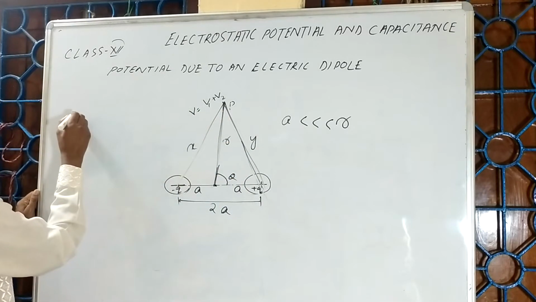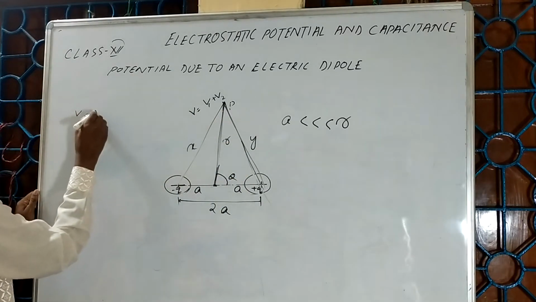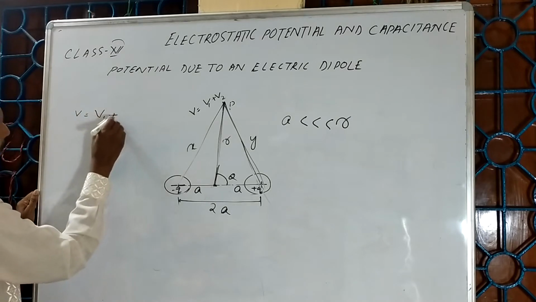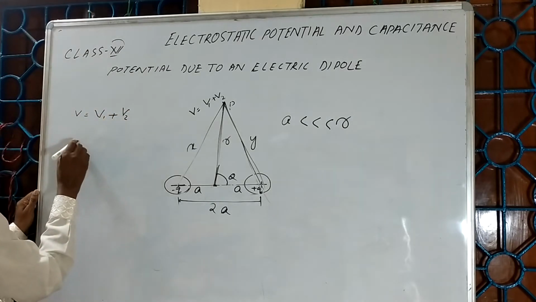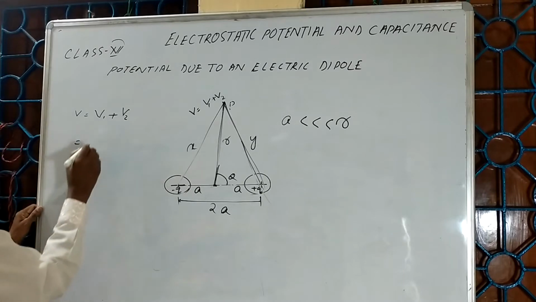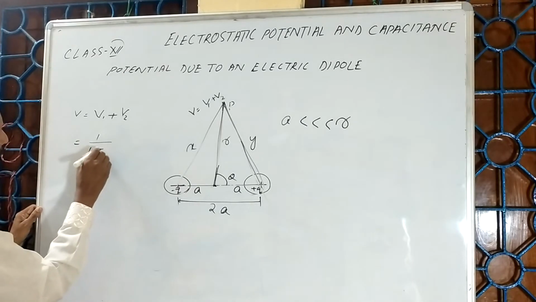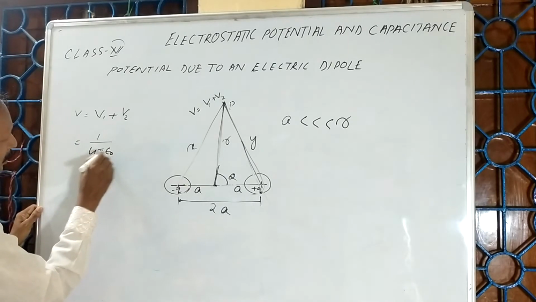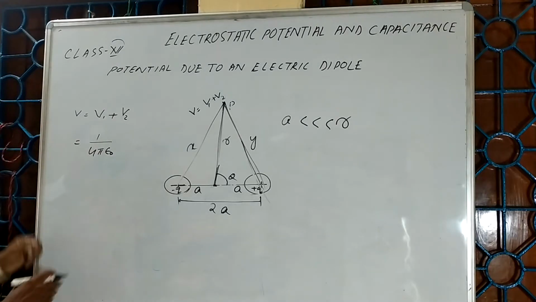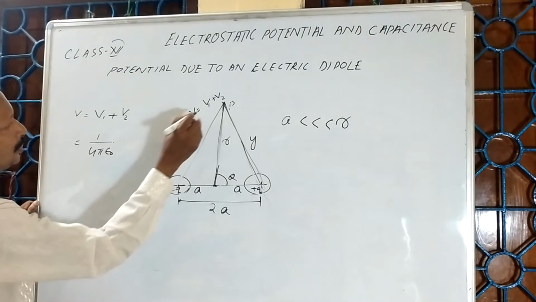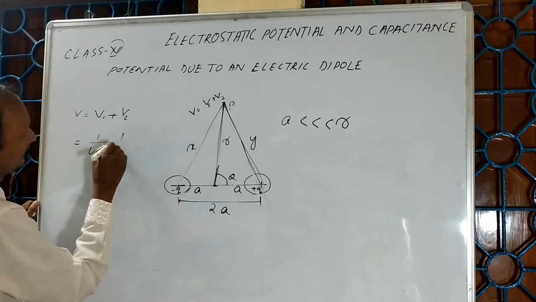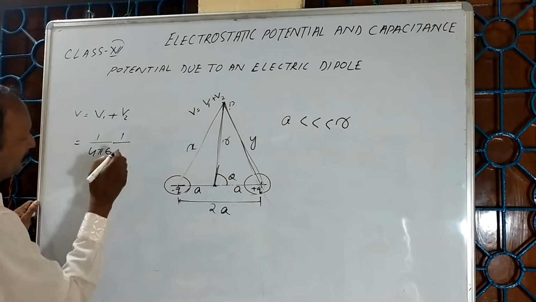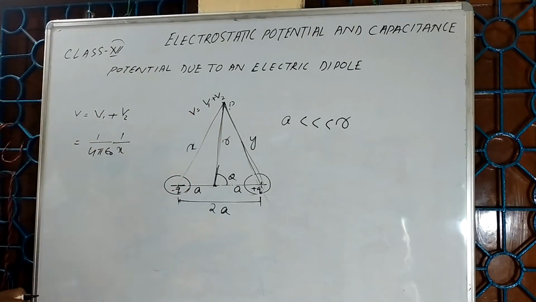So I can say that V is equal to V1 plus V2, or I can write V1 is 1 upon 4 pi epsilon naught into 1 by the distance, here to here I have taken x. Clear?